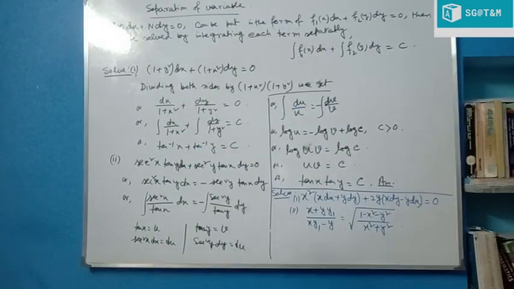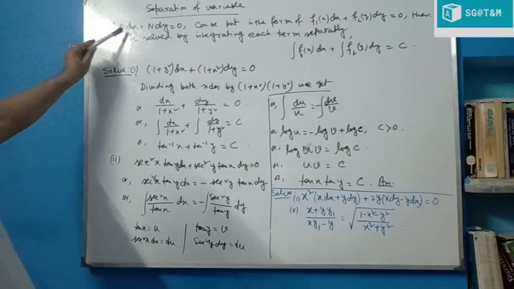Solve differential equations by separation of variables. For first order, first degree, we solve the differential equation by separation of variables, then homogeneous, exact, etc. Today we start with separation of variables.